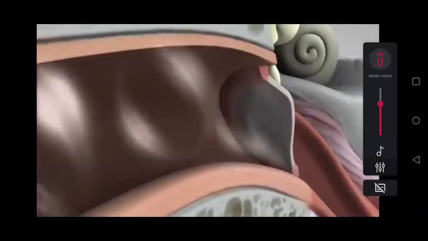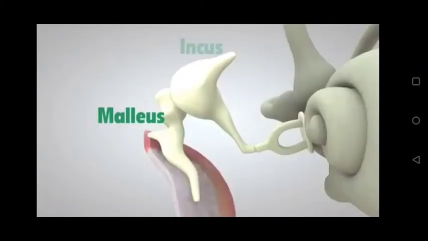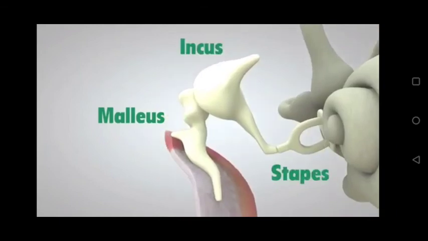It then reaches the eardrum, which is a membrane nearly half the size of a coin. This wave makes the eardrum vibrate, which in turn vibrates the three tiny bones called the malleus, incus, and stapes.